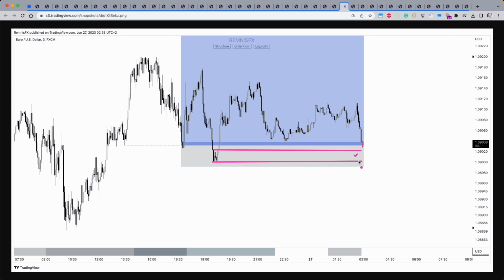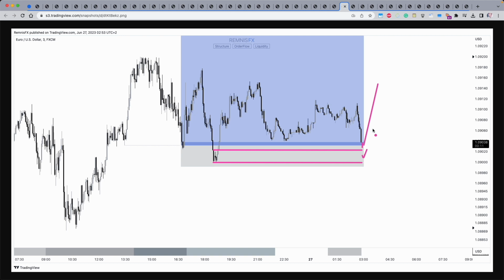Instead of retesting and mitigating that POI, it may just come into that area here and then do something like that. We don't know. That's why I took precaution and, instead of a refined entry from here, which is totally fine, just in case I did not want price to do this while I'm waiting here and price leaves me, right?